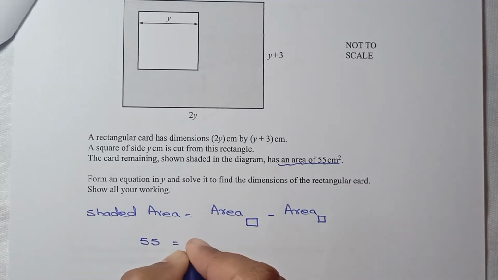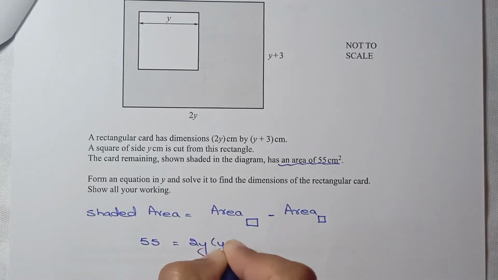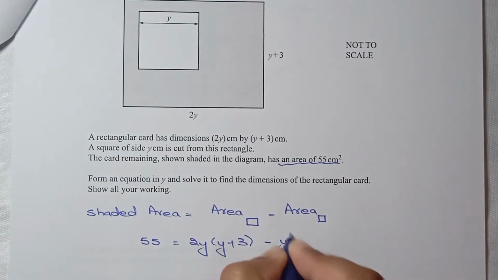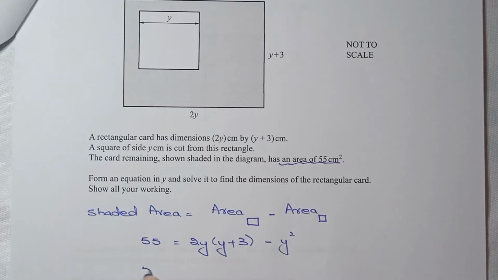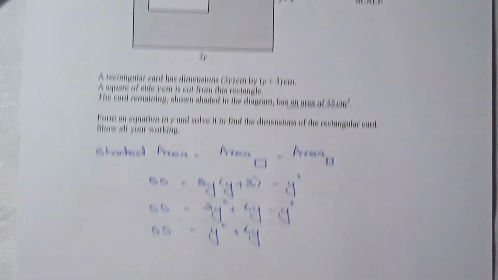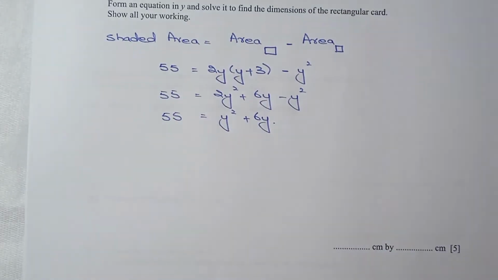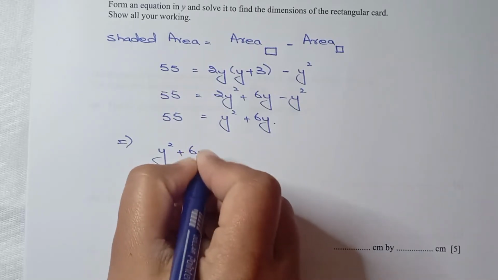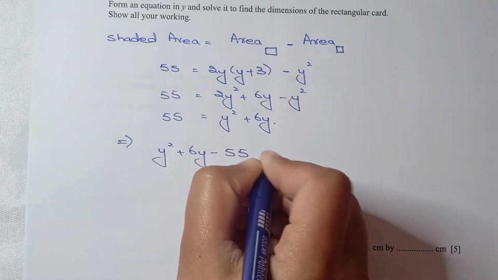Area of a rectangle is 2y into y plus 3, and area of a square of dimension y is y square. So let me find the value for y. We have 55 equals 2y square plus 6y minus y square. So 55 would be equal to y square plus 6y. So we have a quadratic equation. Let me solve it. So this would be y square plus 6y minus 55 equals 0.